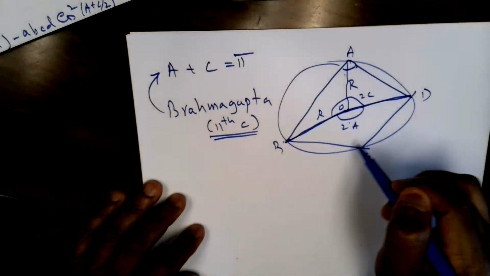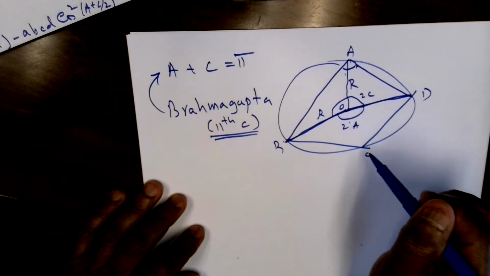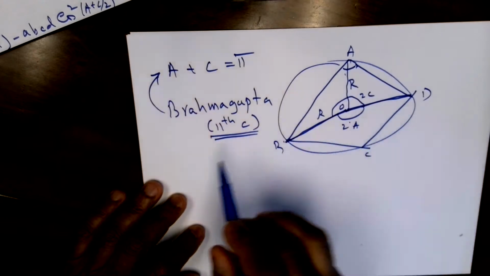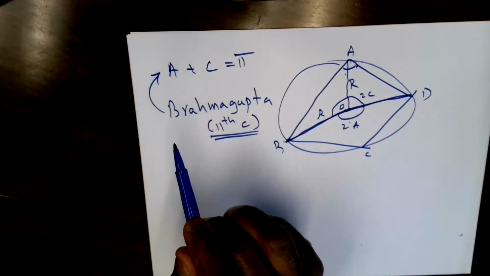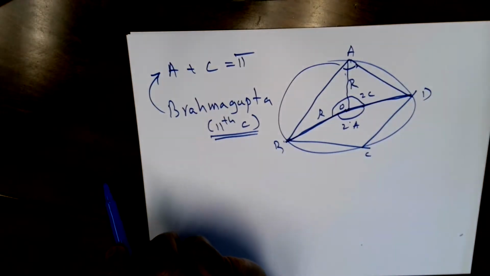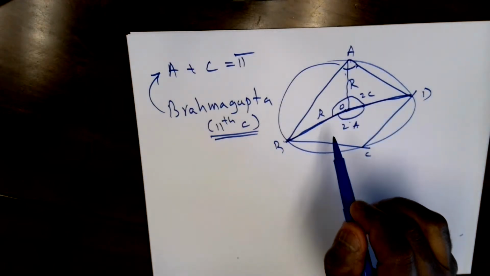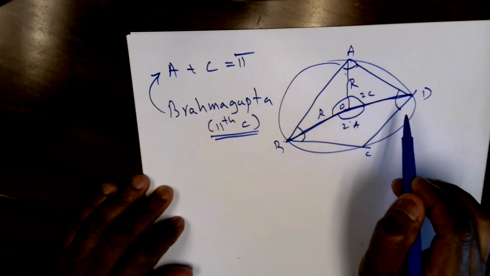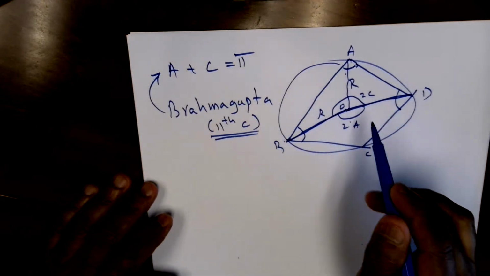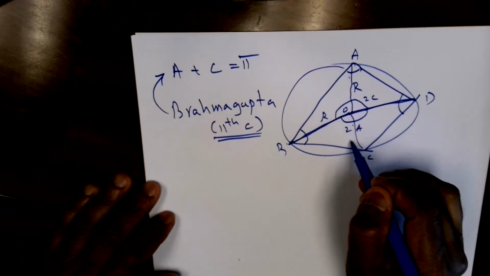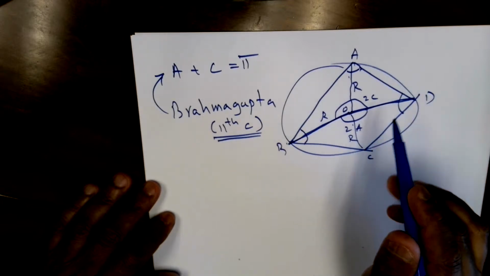And if you can circumscribe, if you can draw a circle outside the quadrilateral, then a plus c is pi, or it's a cyclic. They call it cyclic quadrilateral. So the opposite angles add up to 180. So this is true for b plus d also. So that's the necessary and sufficient condition to draw a circle outside touching all the 4 corners.